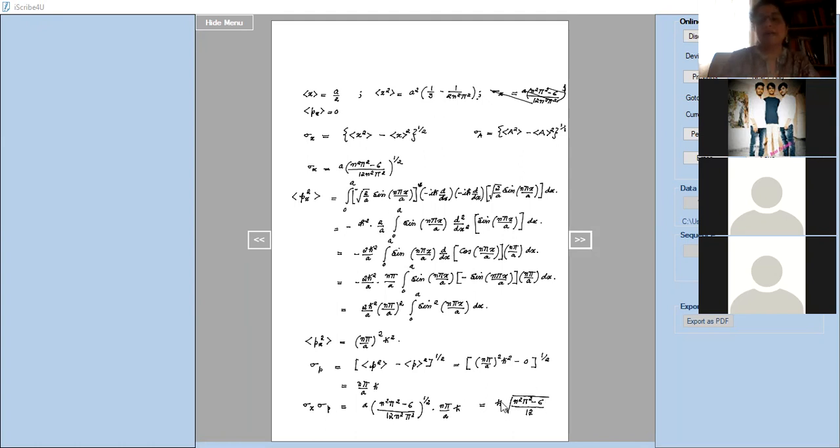You also have a dependence over here on N. So obviously as N goes up, this will also go up. So the uncertainty product is essentially going to increase as you go higher in the energy. The energy eigenstates, as the energy eigenvalue increases, so does the uncertainty.